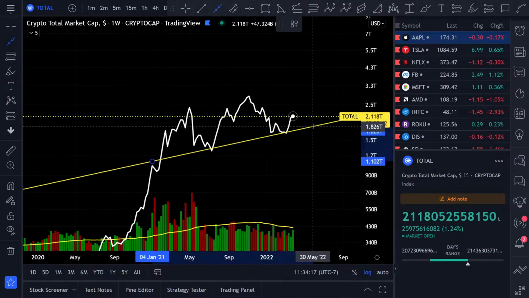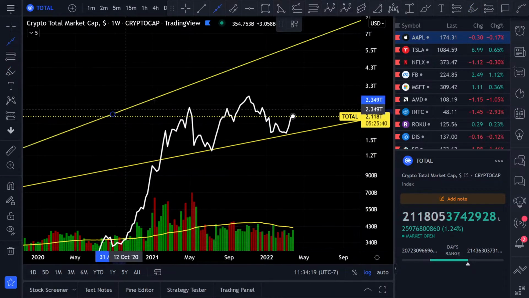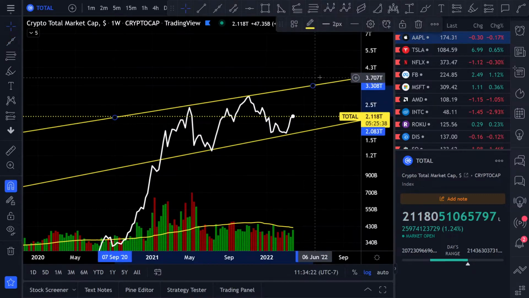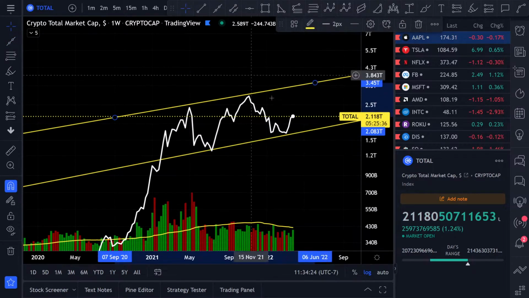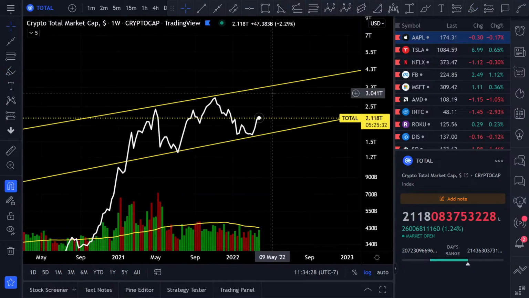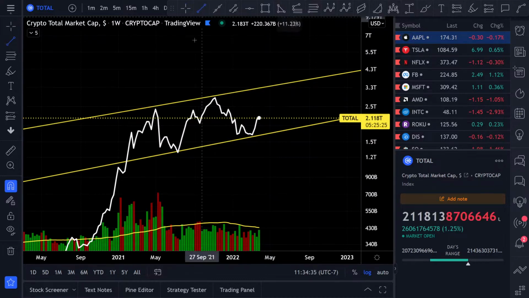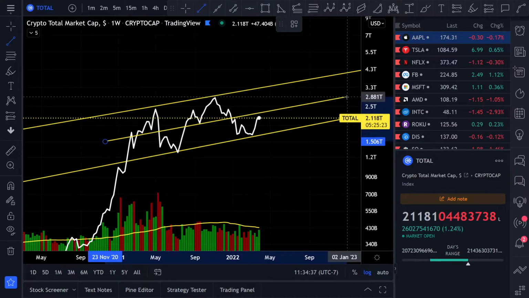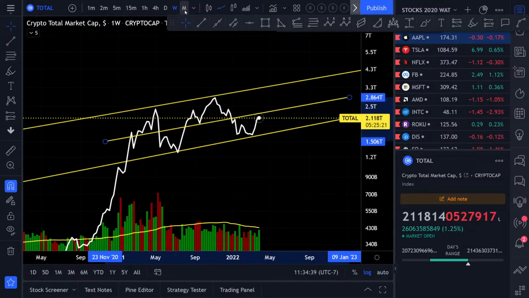If there's another rally, it's going to happen. If we're going to have altcoin spring coming up soon, then we bounce off that double bottom support, and it would be nice to bounce back up to the almost $3 trillion range. But the diagonal general halfway point is why we're getting stuck right now.